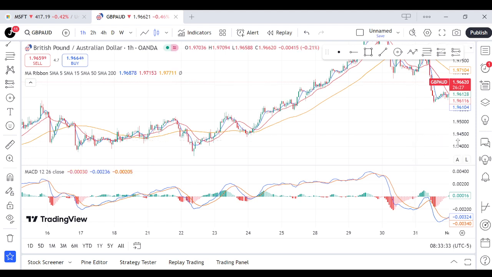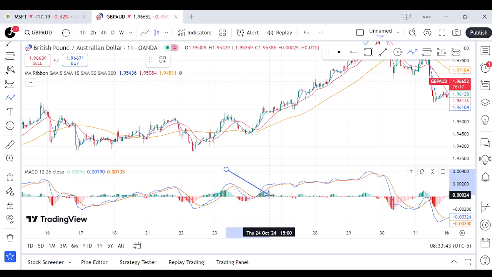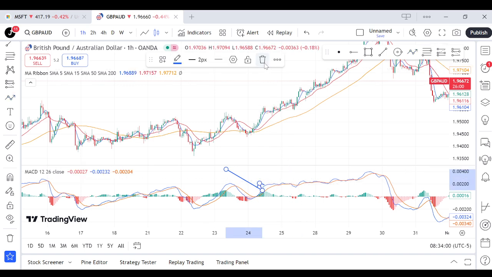The MACD histogram, which is the green bars here, or the red bars, we are in a bullish setup, so the green bars, the MACD histogram should also be in positive territory, confirming upward momentum. Also, the moving averages should be above the zero line, confirming upward momentum. So this is for your confirmation.